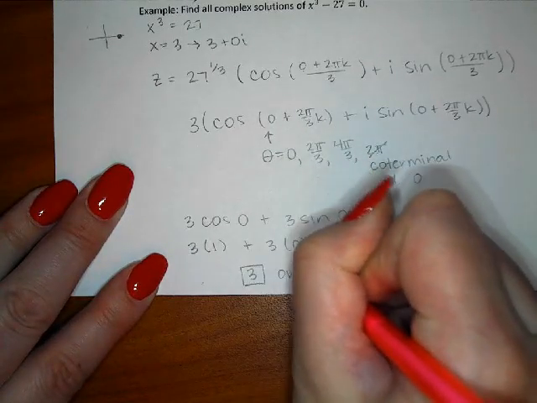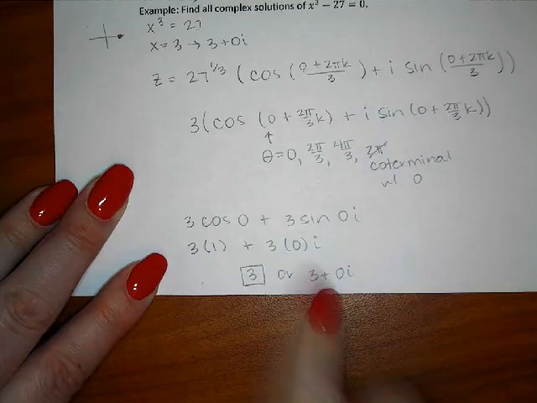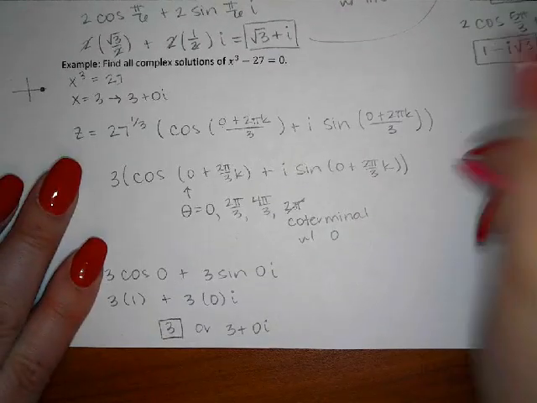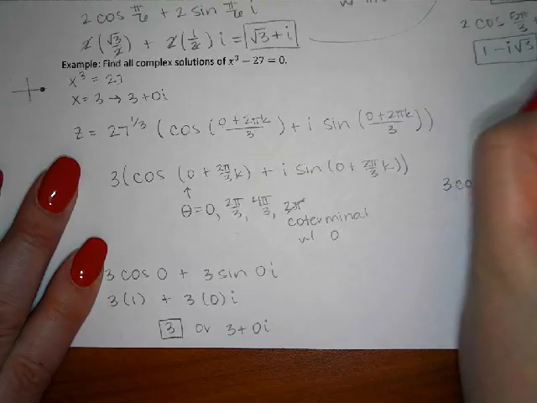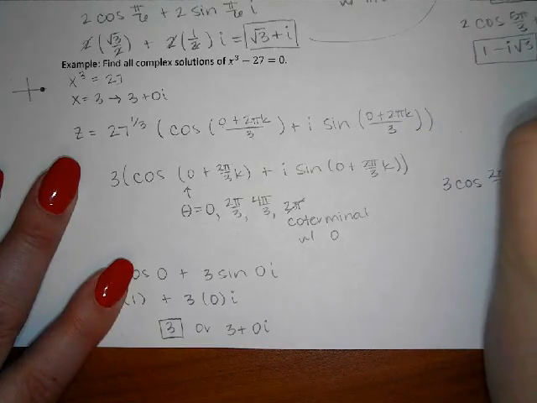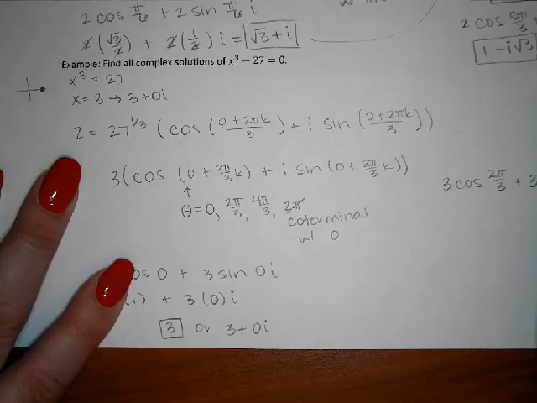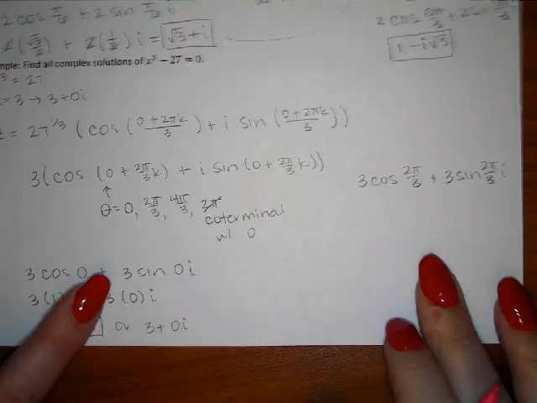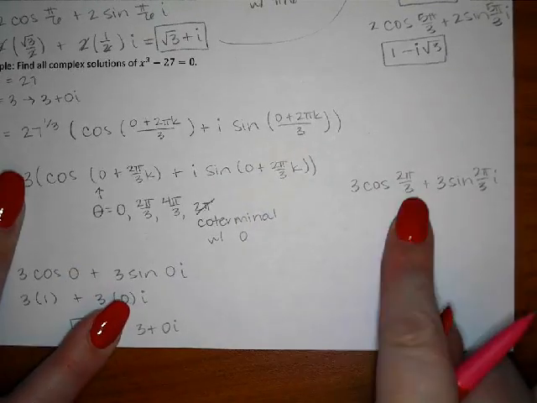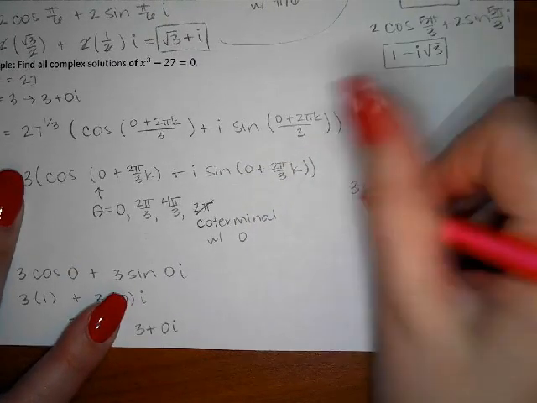Our next solution, we have 3 cos 2 pi thirds plus 3 sine 2 pi thirds i. Cos of 2 pi thirds is -1/2. Sine of 2 pi thirds is √3/2.